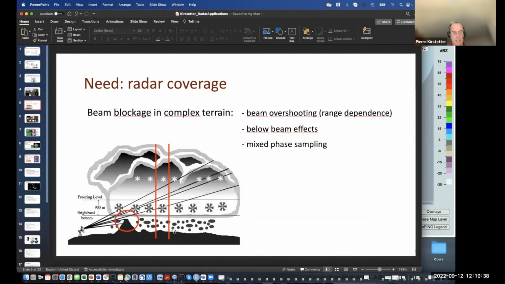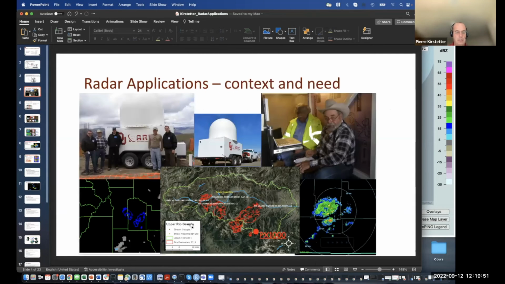So what Jerry wanted is a radar located in this area to monitor what's going on near the surface. We had issues of beam overshooting, below-beam effects, and sometimes mixed phase sampling. On the left here, at the bottom left, you can see the county's delimitation, Mineral County in southern Colorado.